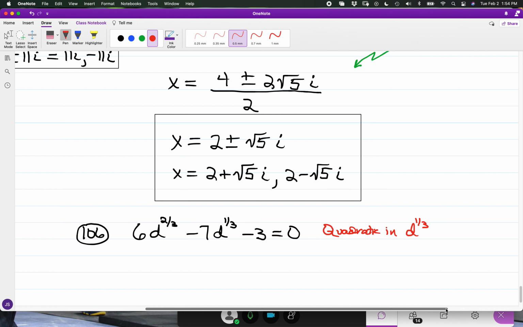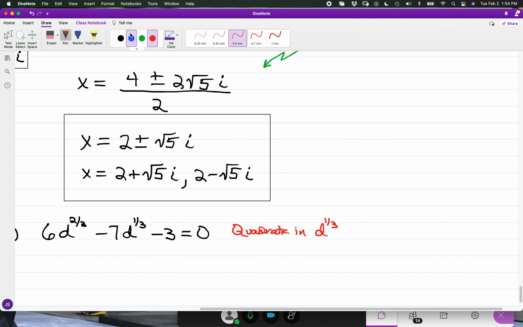So we just run something in analogous fashion, since the equation is quadratic in d to the 1/3. Let me step to the side here. If I have 6x squared minus 7x minus 3, I'm doing a quick run through.